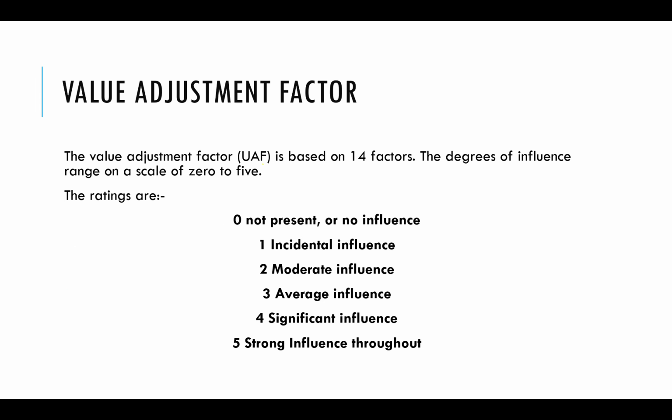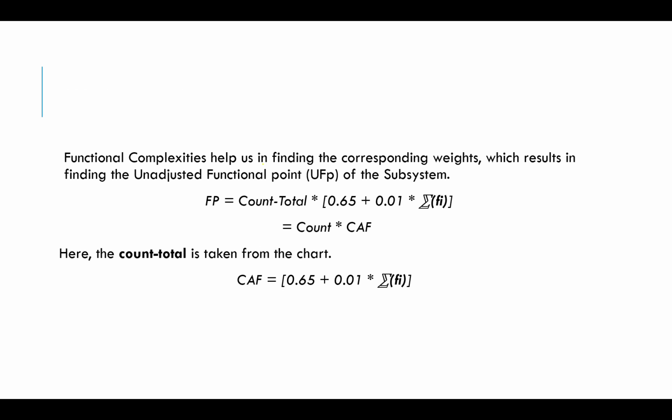Each factor is rated from 0 to 5, where 0 means no influence and 5 means strong influence. Then we calculate the sum of all the ratings, denoted as sigma Fi.